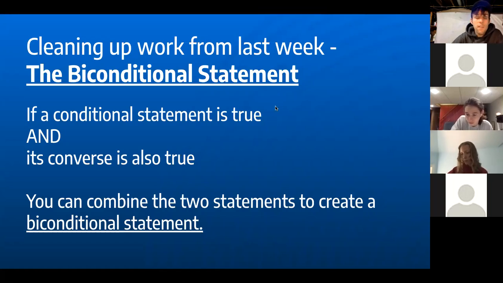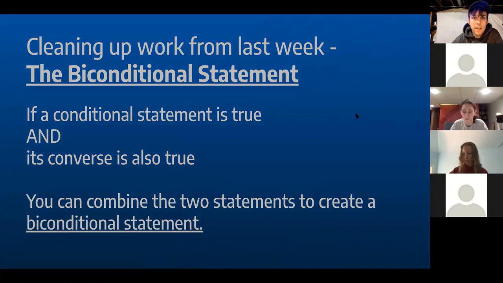A biconditional statement is really useful for definitions because you can say if this geometric thing is called this name, then it has these properties. But we also want it to be true that if it has these properties, then we can call it this name. We want it to work both directions when we're talking about a definition. And we'll see that on the next slide here.